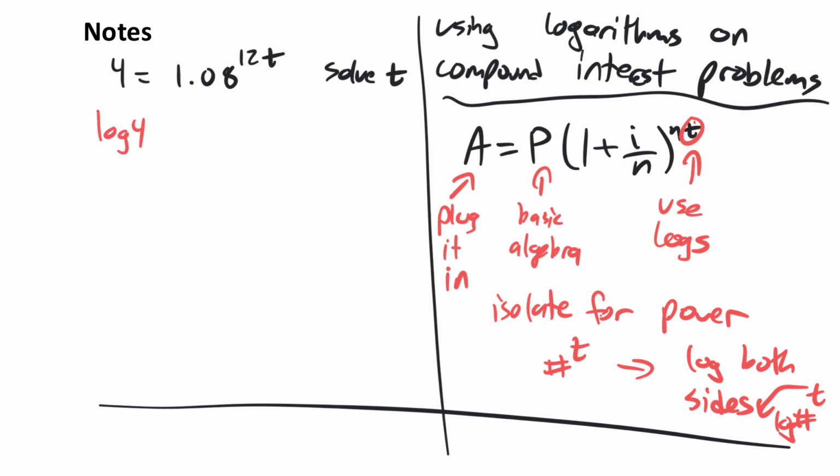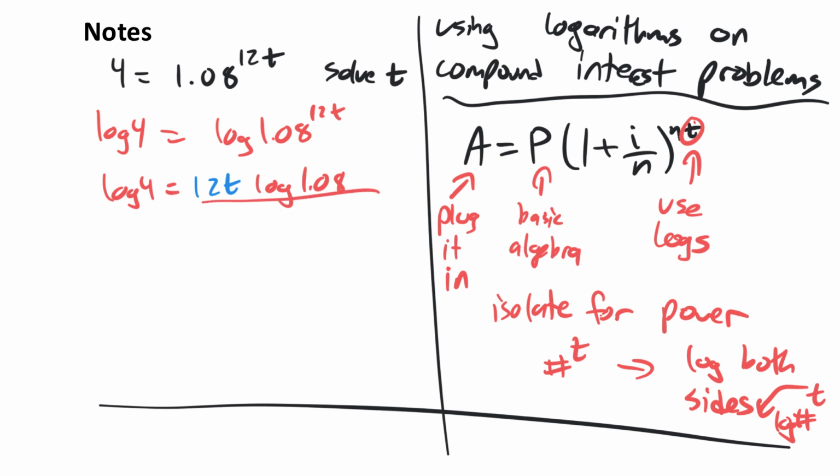All right, so you take log of this side, log of this side. Then you bring down that 12t, leaving you log of 1.08, log of 4. Divide out everything by 12, and by log of 1.08, log 1.08.